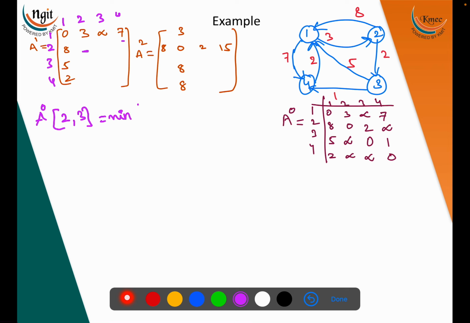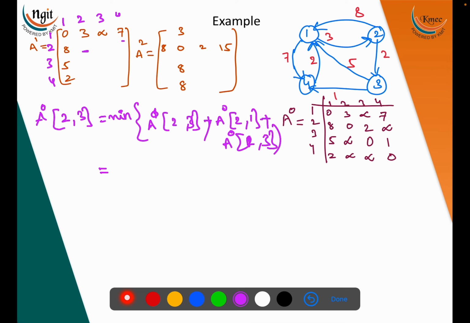Minimum of A0 of 2 comma 3, and A0 of 2 comma 1 plus A0 of 1 comma 3. Correct?